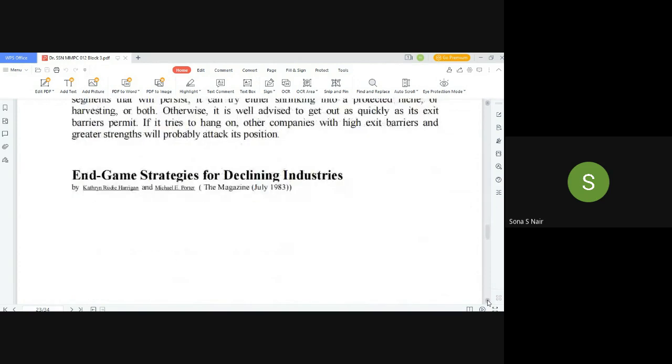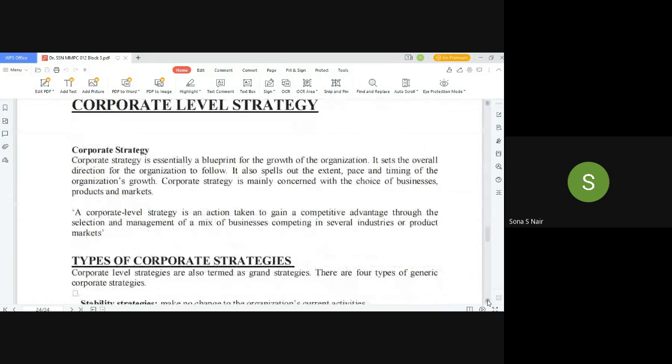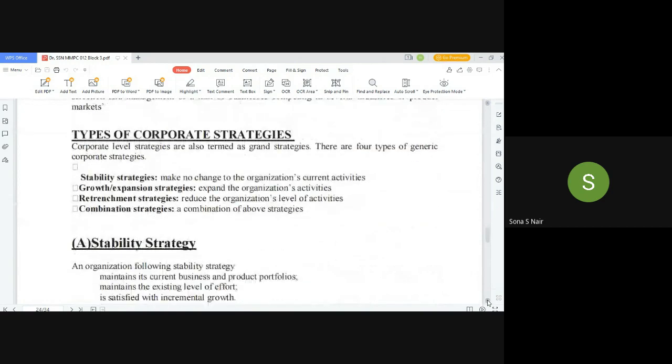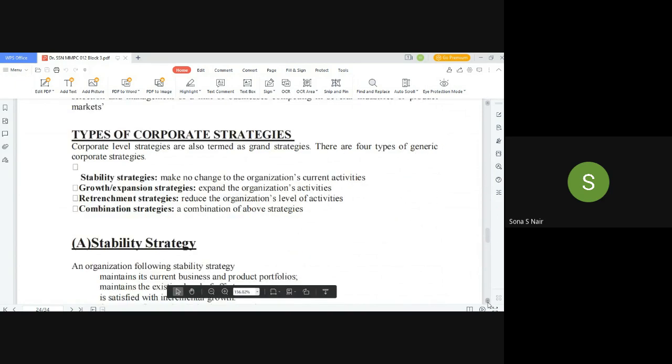Let us now leave this explanation part. Let us go to the different strategies which are available to a firm. And the strategies which we saw for the declining market, the harvest, the divest, and the liquidate, they are parts of the corporate strategies here.